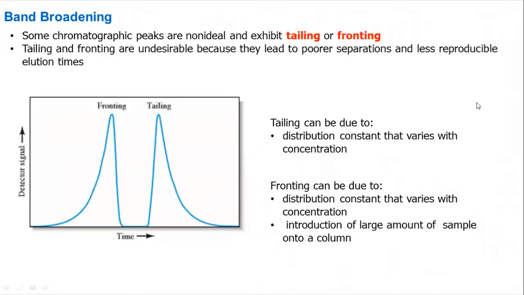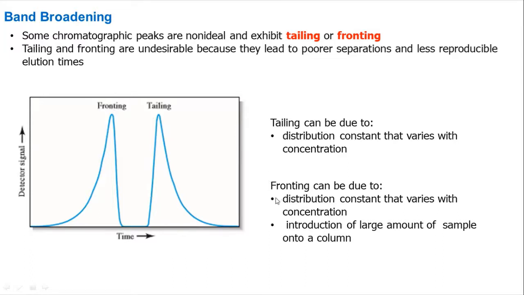Band broadening. Some chromatographic peaks are non-ideal and exhibit tailing or fronting. Tailing and fronting are undesirable because they lead to poorer separations and less reproducible elution times. Tailing can be due to a distribution constant that varies with concentration.